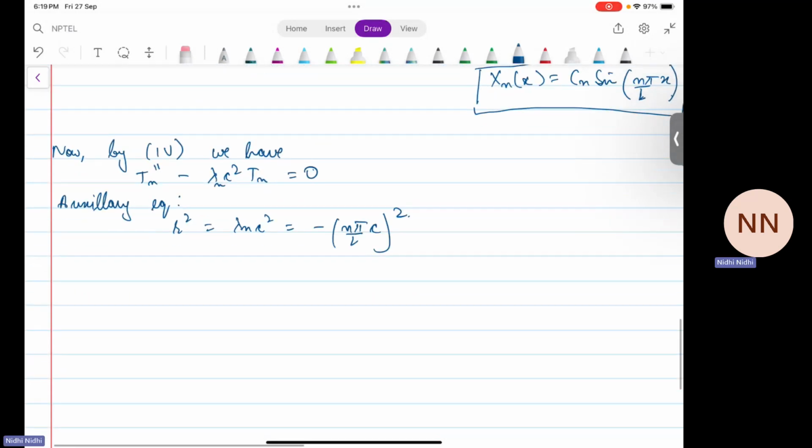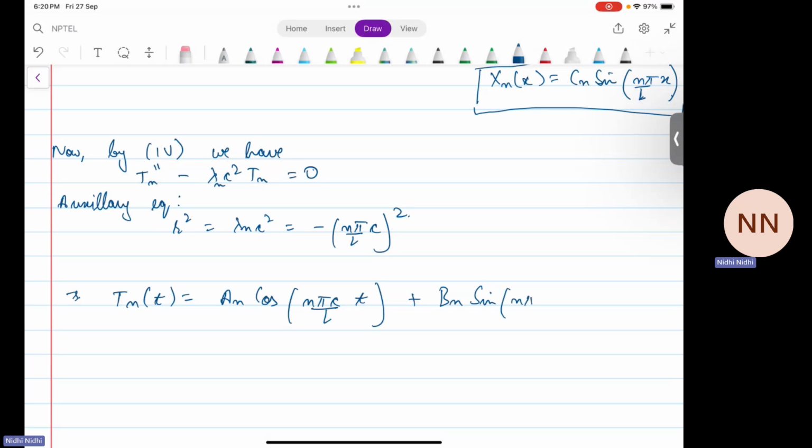Now in this case, we know that T n of t is equal to a n times cos n pi c by L t plus b n times sin n pi c by L t.